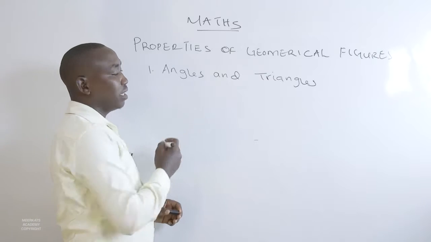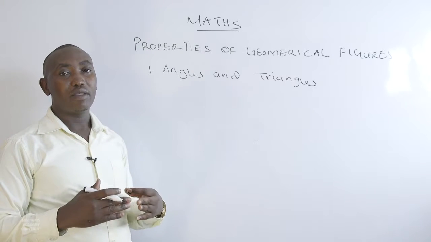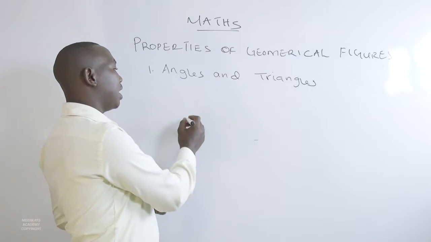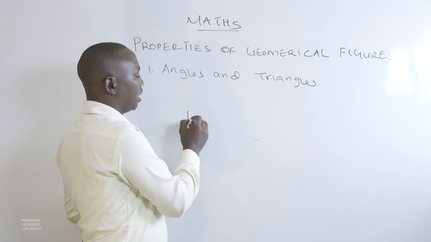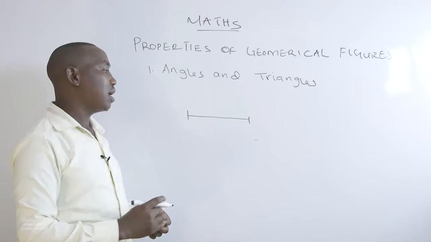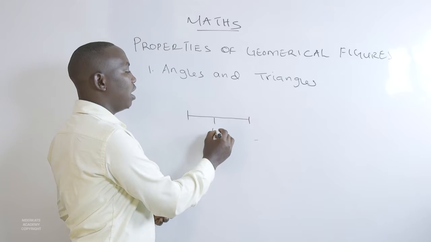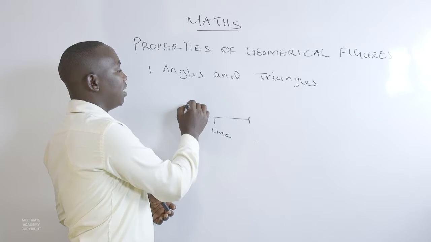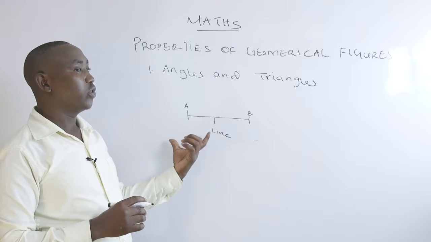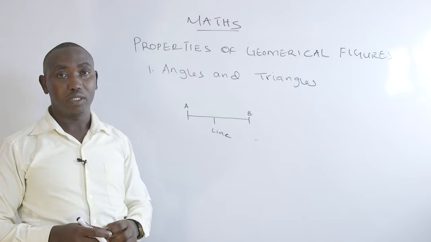When we were discussing length, perimeters and circumferences, we said that the length is the difference between two particular points, and it gives what we call a line. So a line is a straight section joining two particular points.